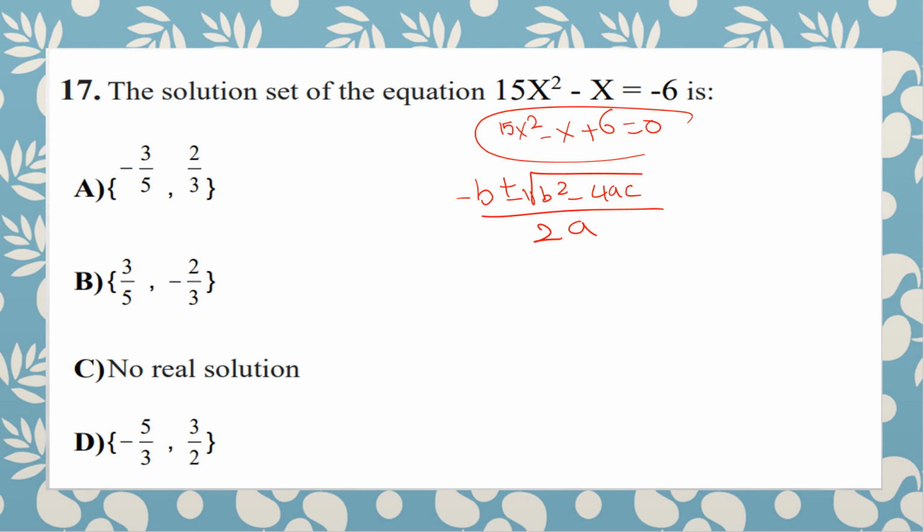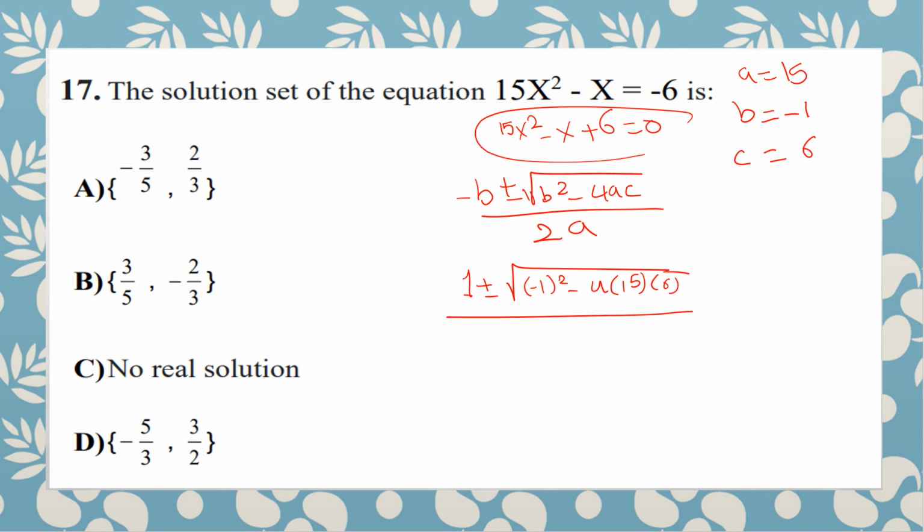So we can use only the quadratic formula. By substituting the values of a, which equals 15, b, which equals -1, and c equals 6, in this formula, we get 1 plus or minus the square root of -1 squared minus 4 times a, which is 15, times c, which is 6, over 2 times 15.